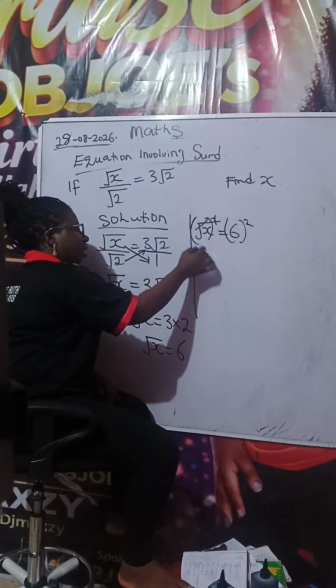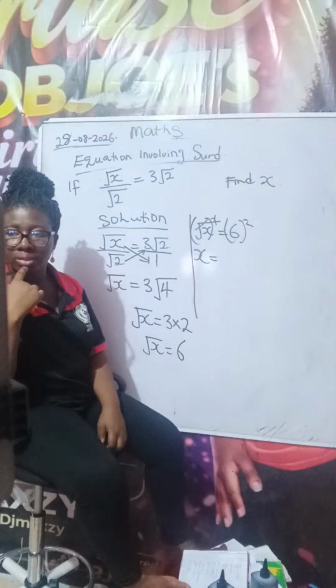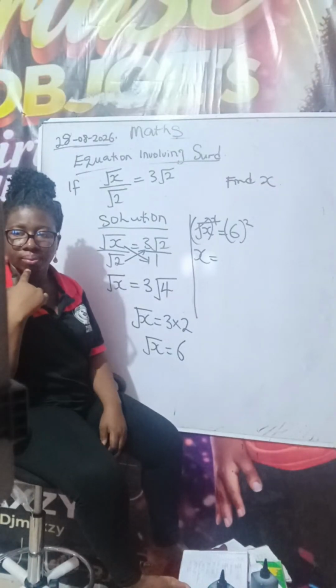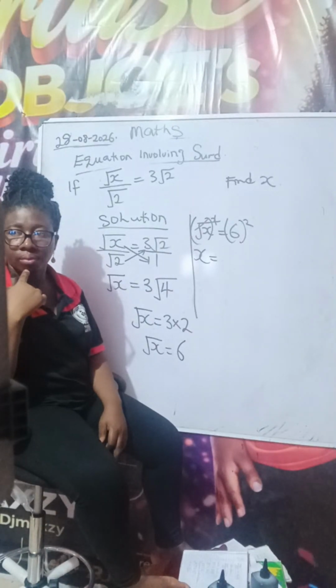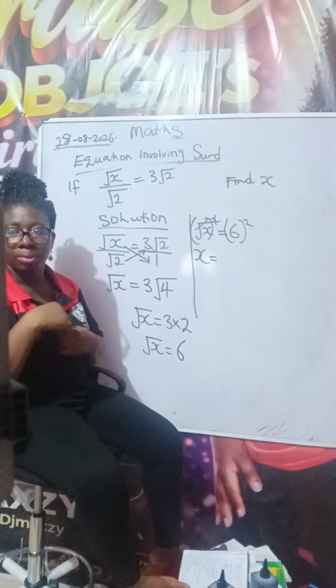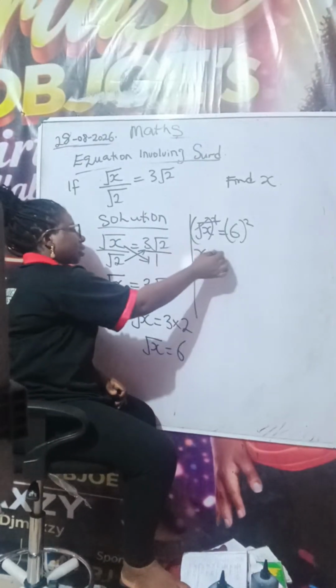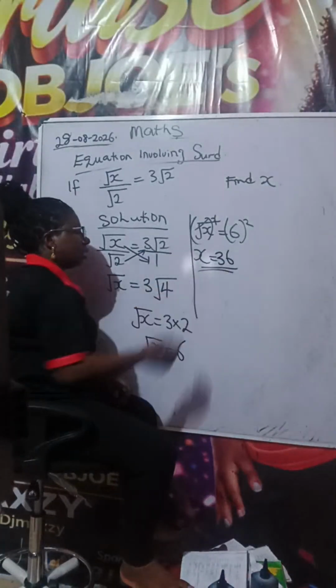This removes the root, and x is, now what is 6 squared? So 6 squared will give us 36. Yeah, so we are getting 36.